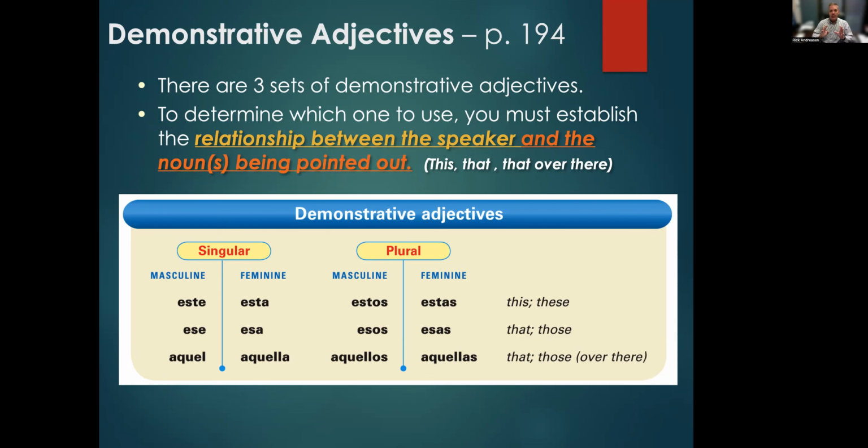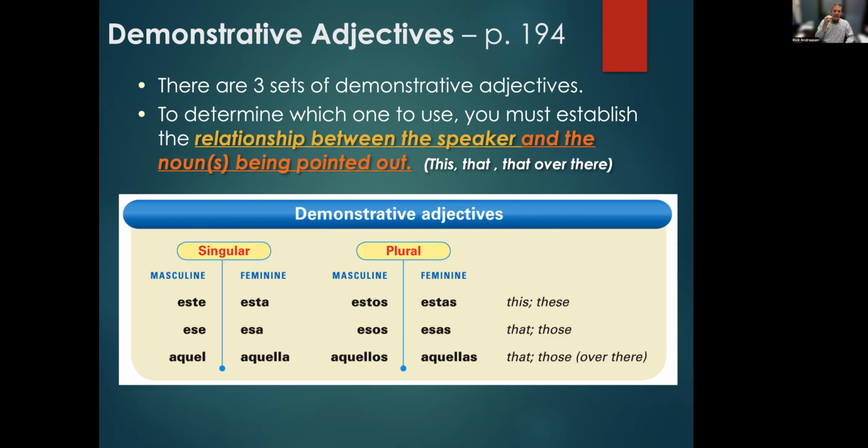So a couple of take-home things here, again, as to why accents are so important. Now we have esta without an accent on the A, and we're going to have another form here in just a second. So again, no accents on these adjectives that come before the nouns. So este, esta, estos, estas are the ways of saying this or these.